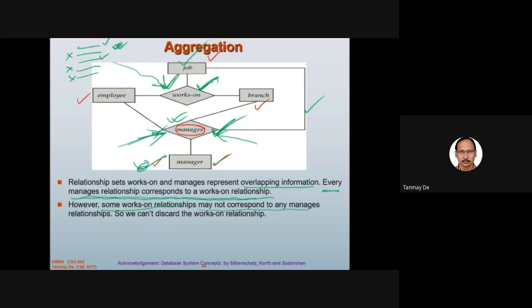That is, this cross relationship, this one and this one, these three relationships are not present in the manages relationship, but are present in the work on relationship. That is, not all the work on relationships correspond to manages relationships. Some of the work on relationships correspond to the manages relationship, but every manages relationship corresponds to a work on relationship. Okay.